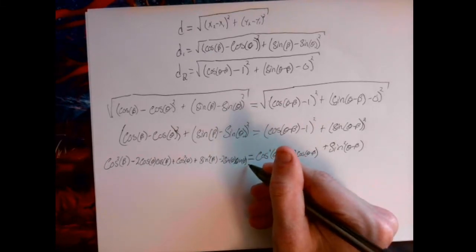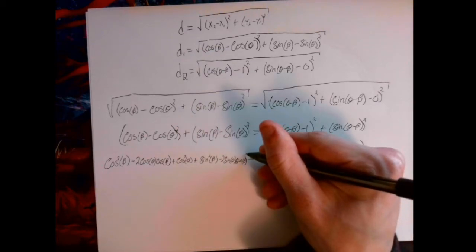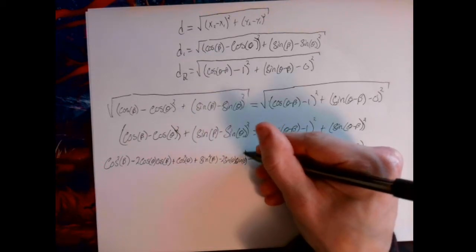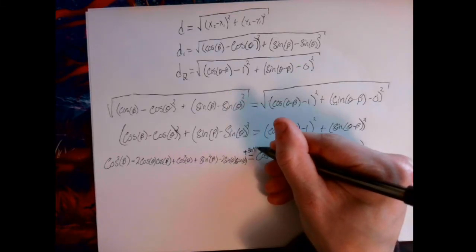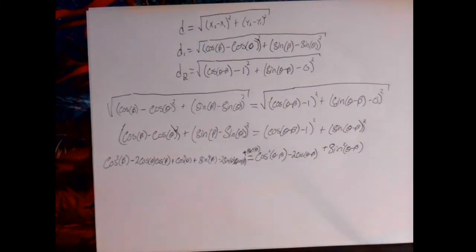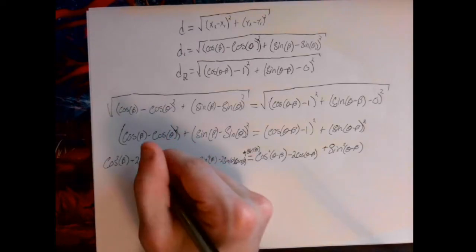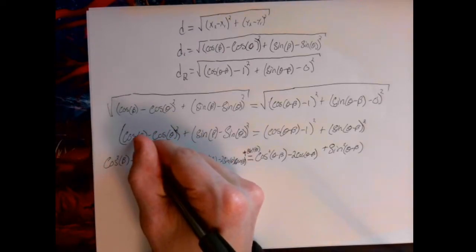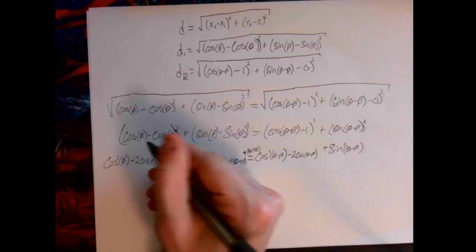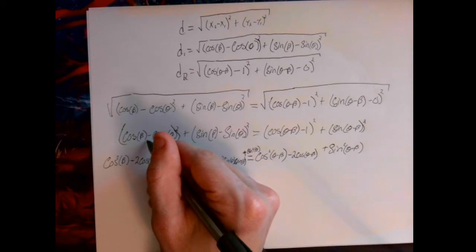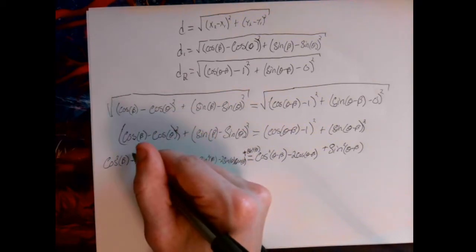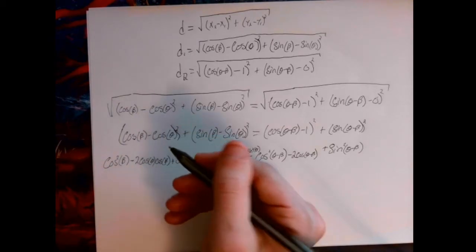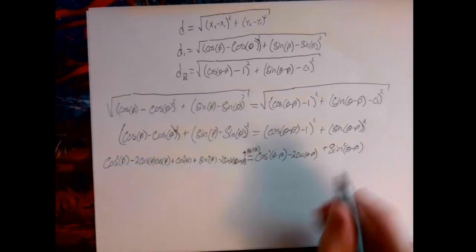Then here, we ran out of room, so curving up here we get plus sine squared of theta. So just to double check that these are right, in the middle we would have negative cosine of theta cosine of beta, and then negative cosine of theta minus beta. Okay, so that's right.